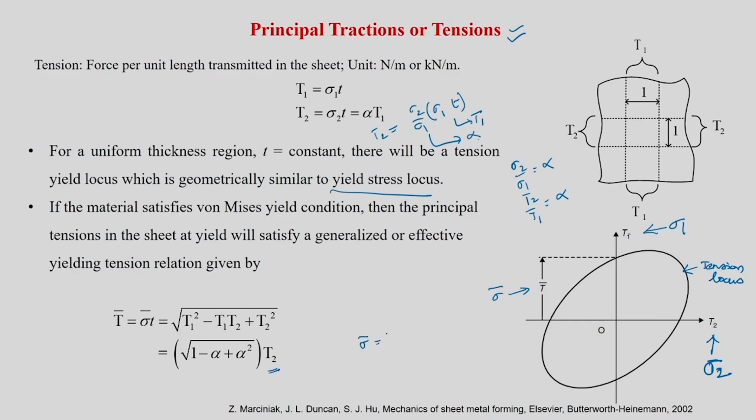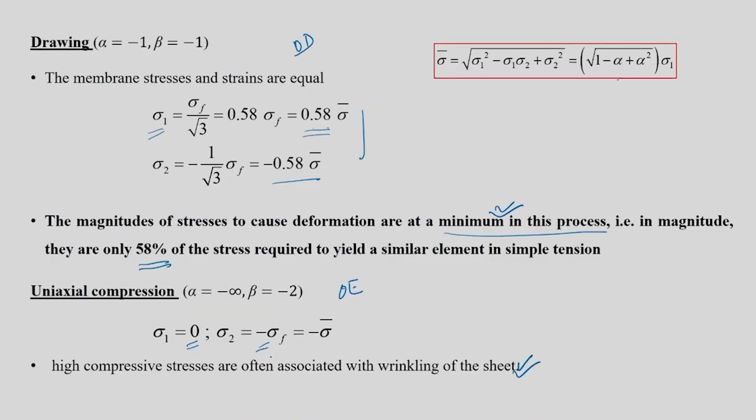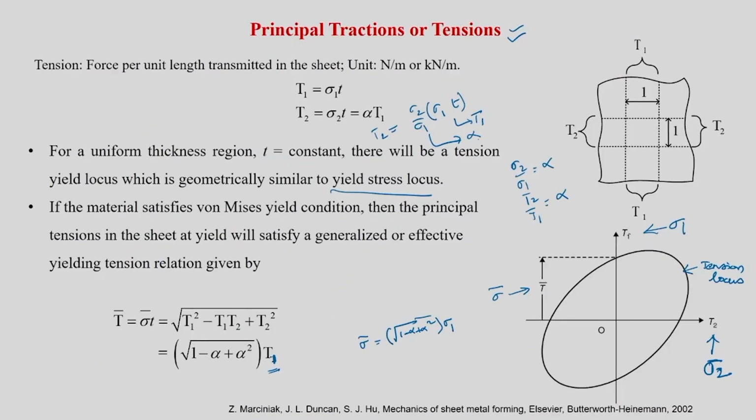Sigma bar we wrote as square root of 1 minus alpha plus alpha square into your sigma 1, right. So this will be T1. Okay, so if you know this T bar, then you can get this yield locus.